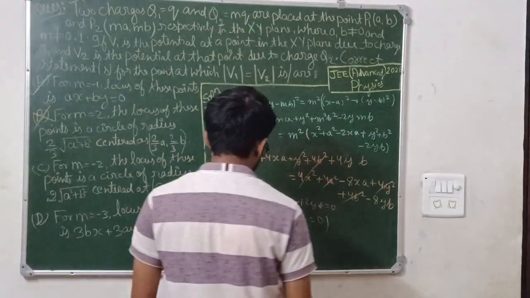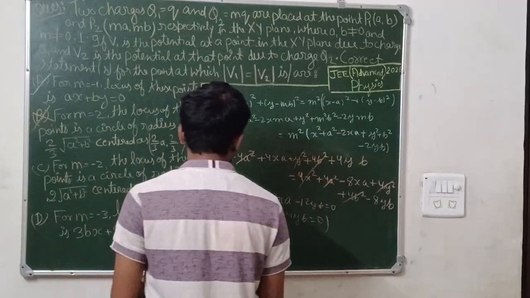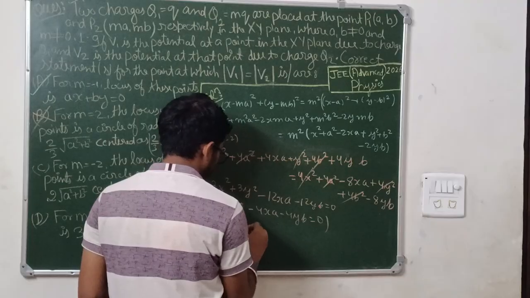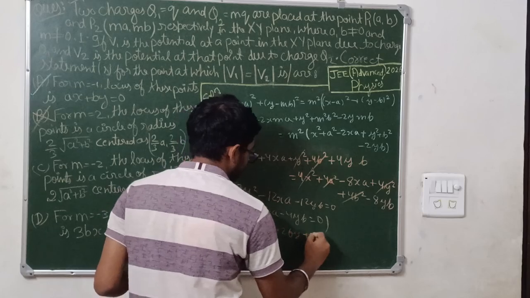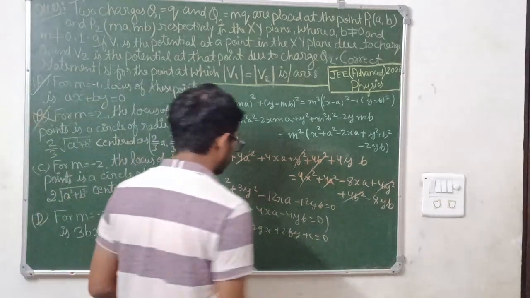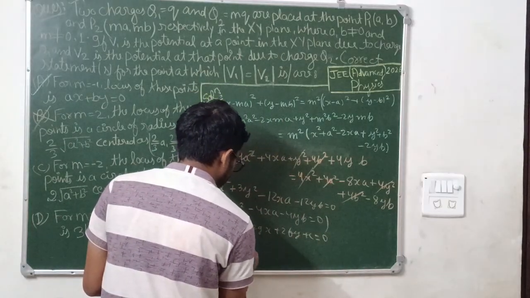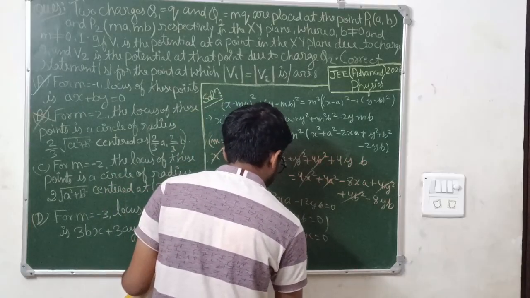Again you can compare this with the general circle equation: ax square plus ay square plus 2gx plus 2fy plus c equals 0. Now you can compare and find the values. So 2g equals minus 4a and 2f equals minus 4b.